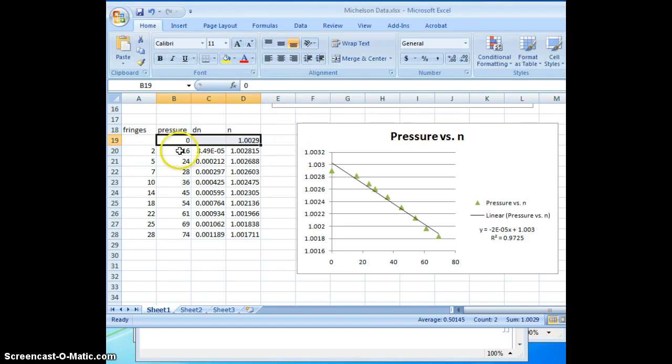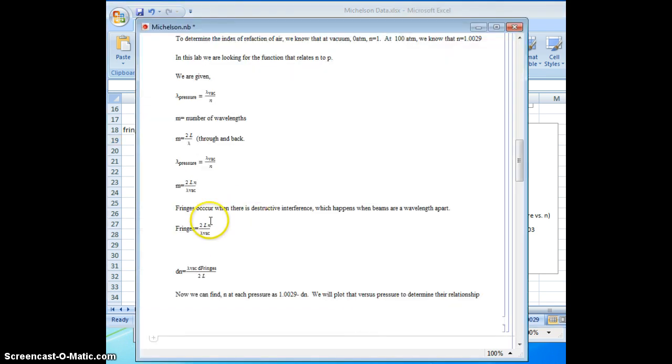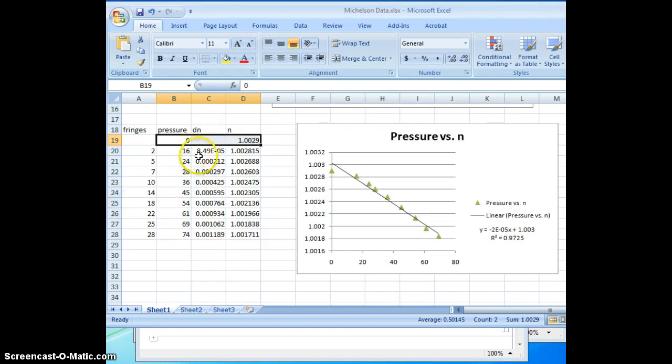However, we also know that it drops as we increase pressure. The number of fringes, through an equation, allows us to find our dn, and that was that right there. So for each pressure there is a dn, and n is just 1.0029 minus dn.